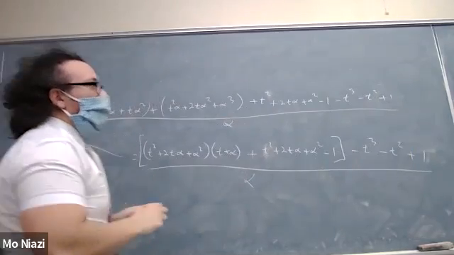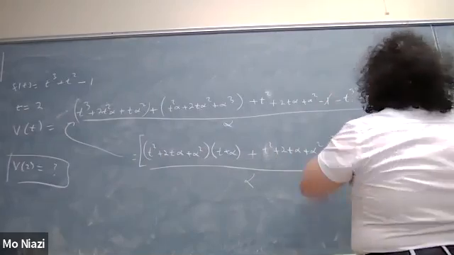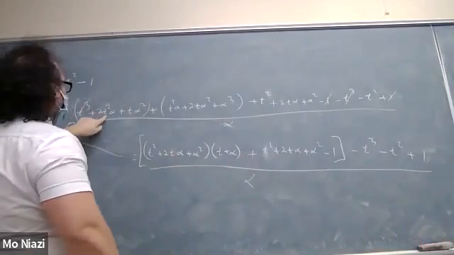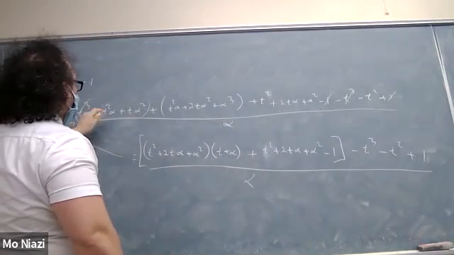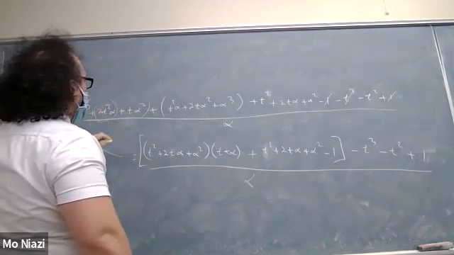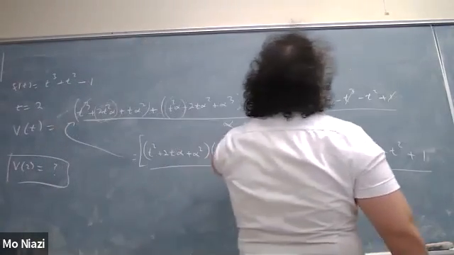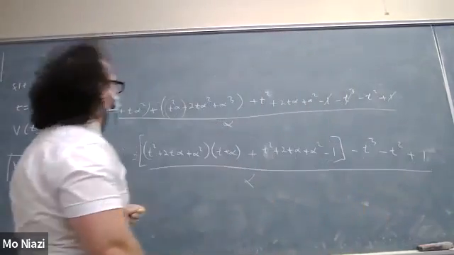Okay, so now the 1s cancel. The t cubes cancel. The t squared alpha term: here's a t squared alpha, here's a t squared alpha. Are those our only two t squared alpha terms? Yep.